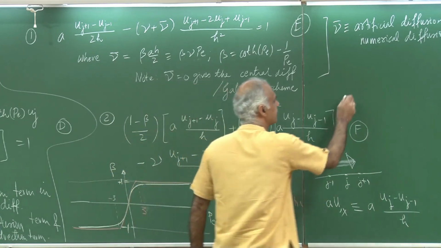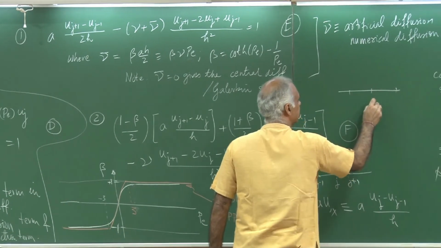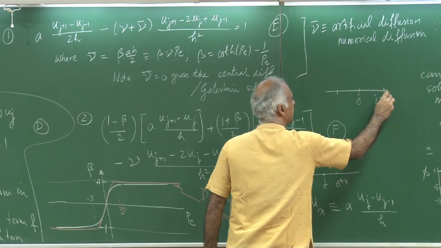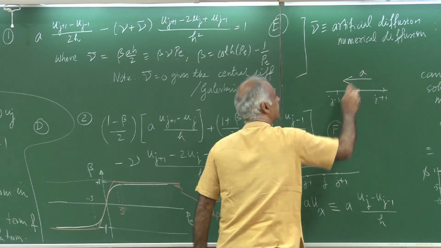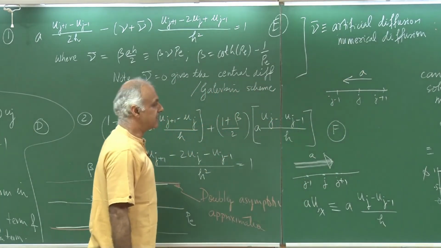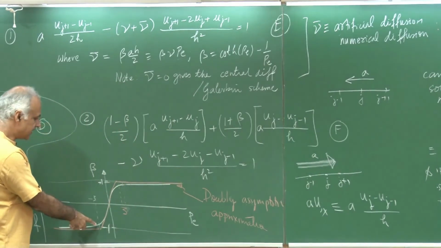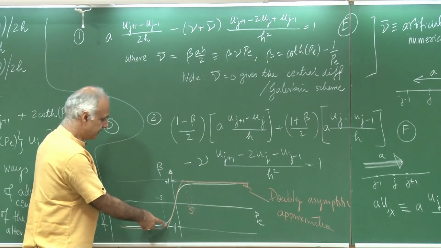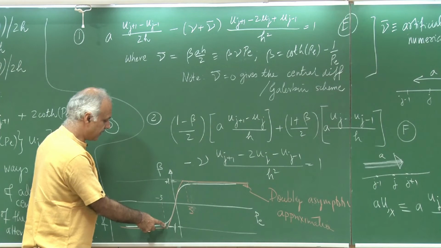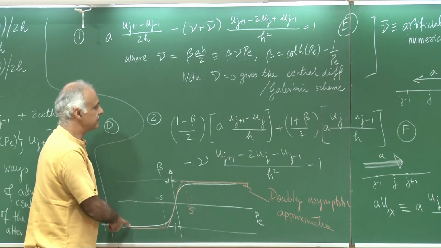What happens if my A is negative? So, I draw the same mesh again, j plus 1, j minus 1, and this time my A is negative. So, it is in the minus x direction. In that case, if I have a very large advection in the opposite direction, then my Peclet number, let us say, is smaller than minus 3. So, I get beta as minus 1.